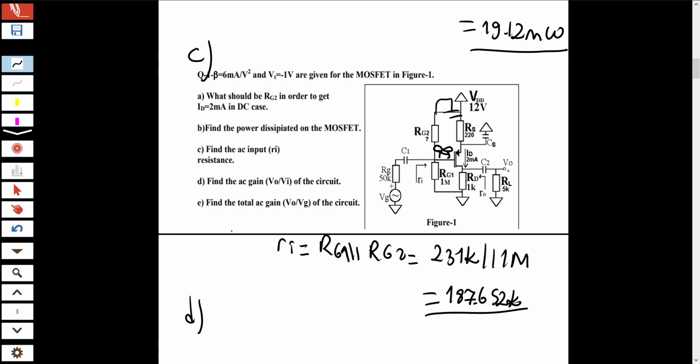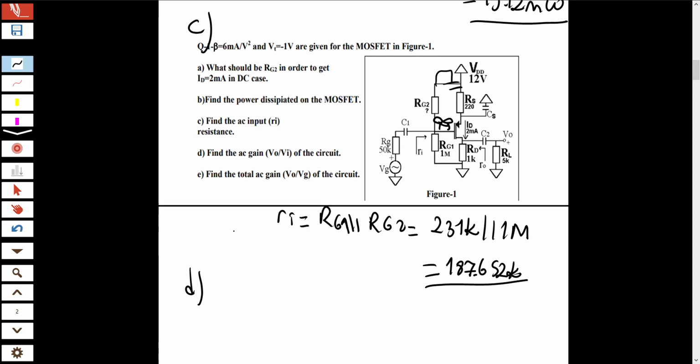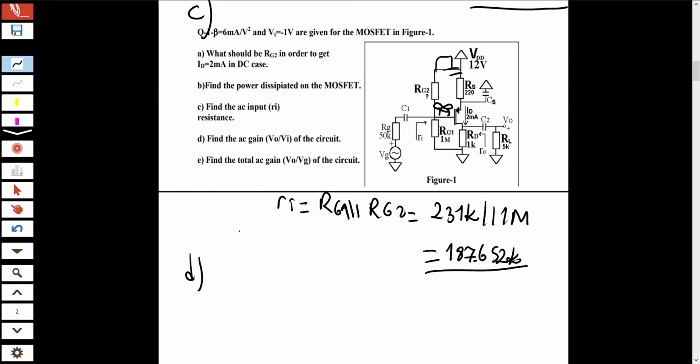In this section, find the AC gain of the circuit. Okay. Also, I gave the necessary formula in my AC input and output resistances video. What was V output over VI? Let's look at the circuit. This is common source. So the formula was minus GM R drain over 1 plus GM R source.